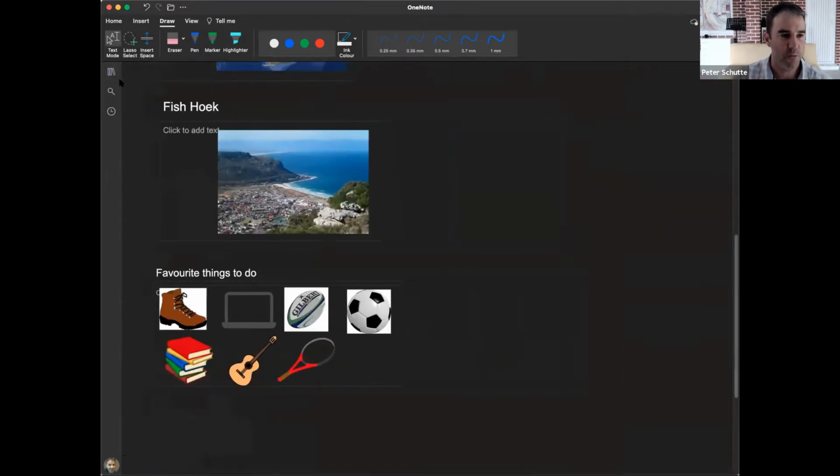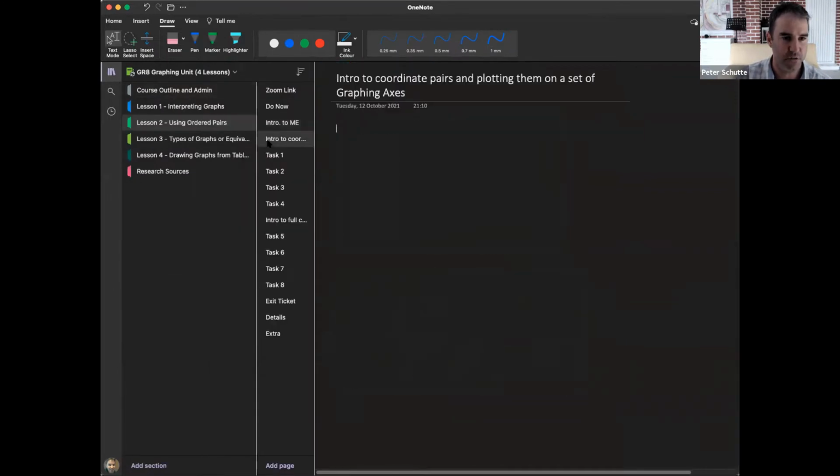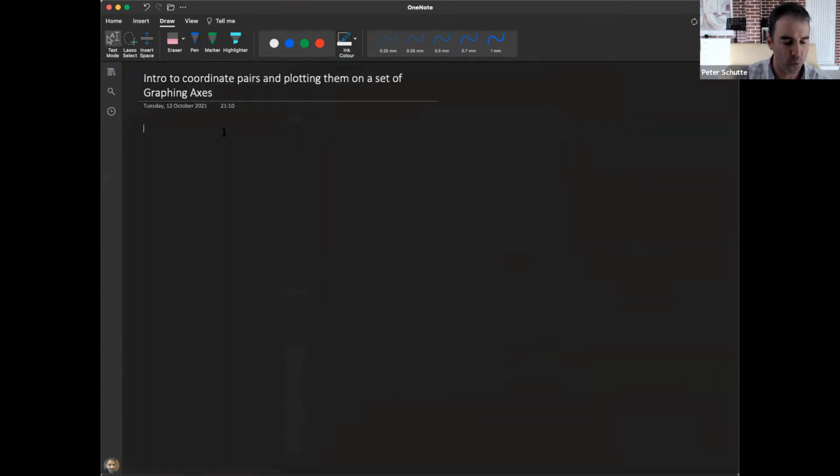Okay, so let's get going with the main content for today. In the previous lesson, we looked at interpreting graphs, but if you're going to draw your own graphs, there are some skills you need to master around number lines and something called coordinate pairs.